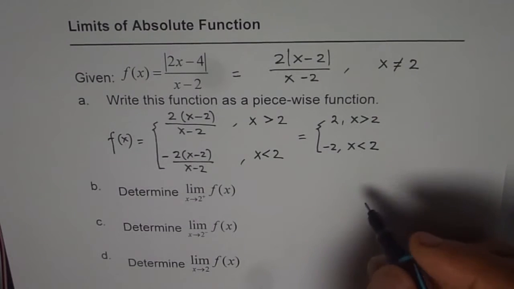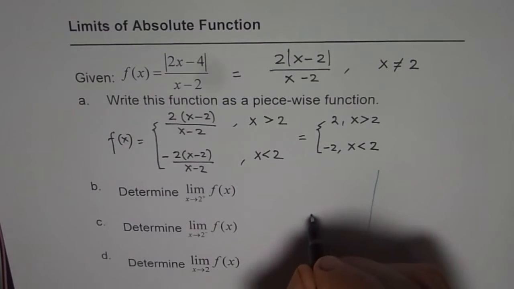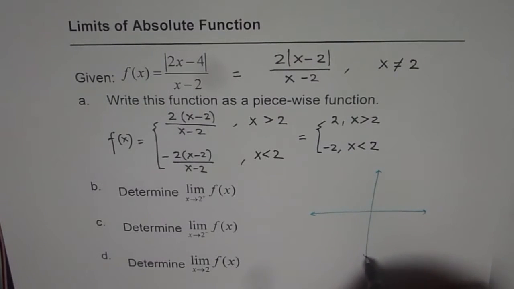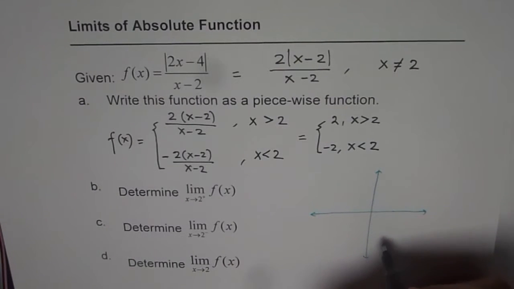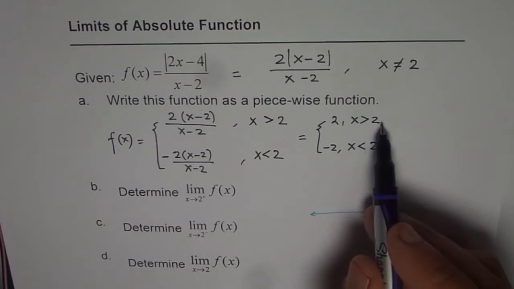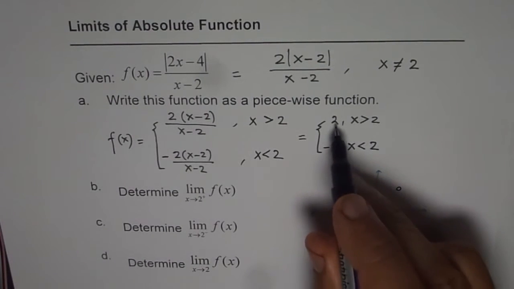Now it is easy to sketch it. So let's sketch it now. Let us say that is the y-axis, this is the x-axis, and this is the point where x is 2. Now, if we are on the right side of 2, that means when x is greater than 2, then the value of the function is positive 2.